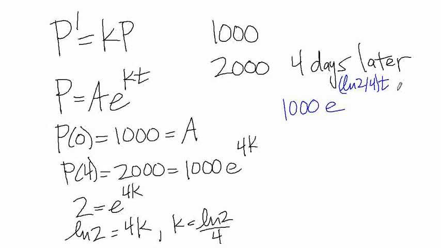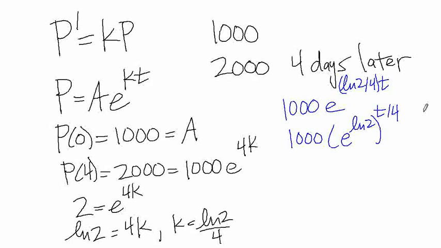Now let's see if we could make that look less threatening. Okay, so let's do this. That's equal to e to the ln of 2, all of that raised to the t divided by 4, right?